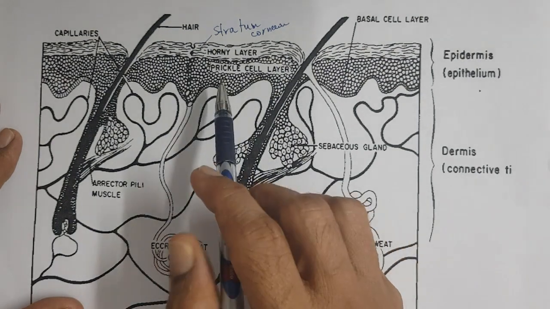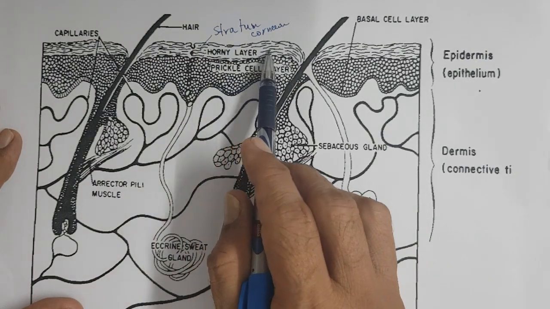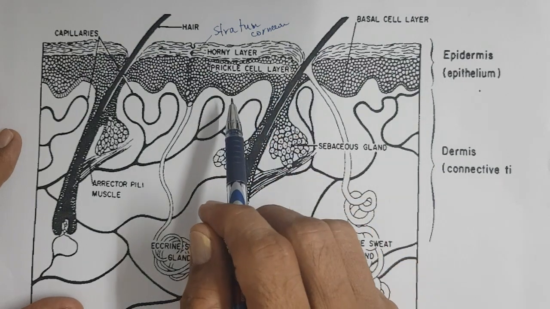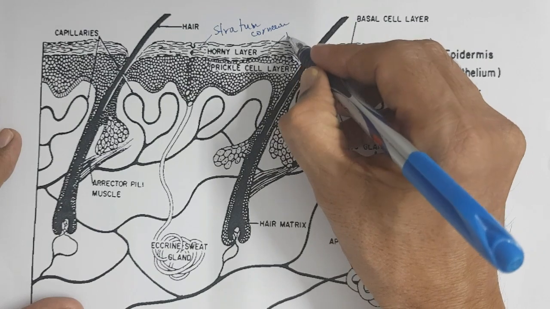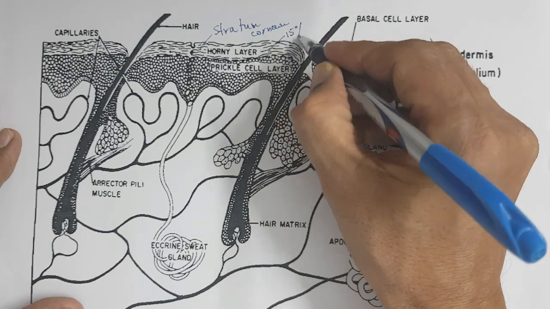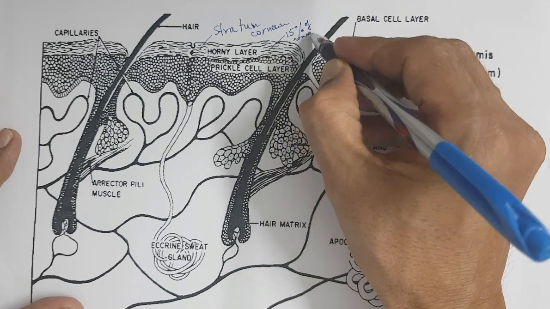Horny layer, as I told you, is the outermost layer of the skin. It needs, on an average, 15% of its weight as moisture.